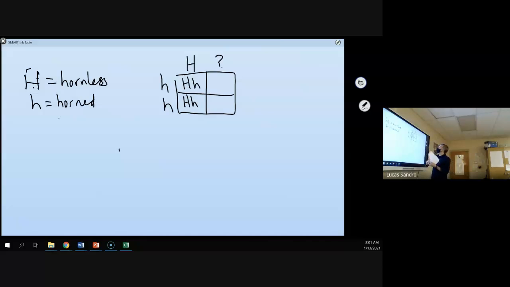Yeah, they could be, right? But somebody usually goes, all right, well, fine, I get that. But if this is here, it says 3 and 1. That can't be right. It's not 3 to 1. It should be 1 or 2 to 2. There should be 2 of them that are horned and 2 that are hornless of the offspring. What's wrong with that thinking? Chris?